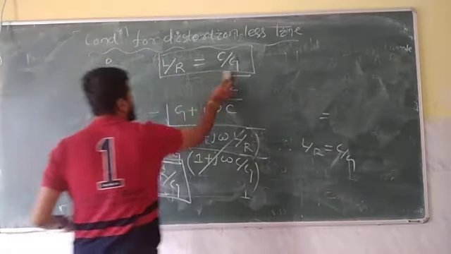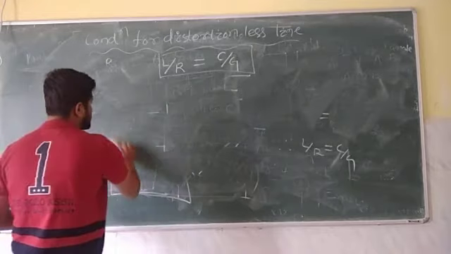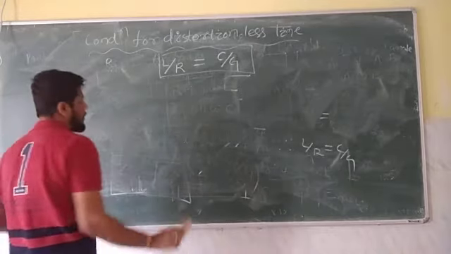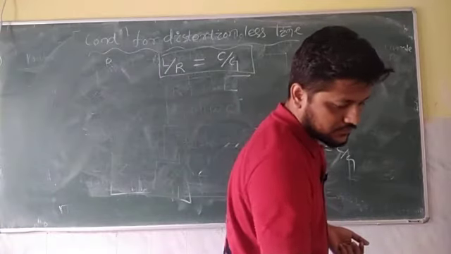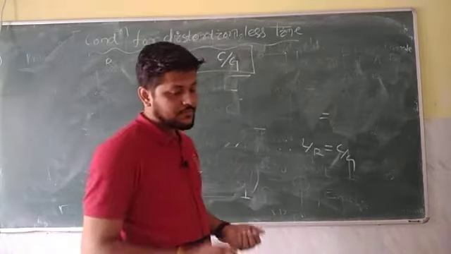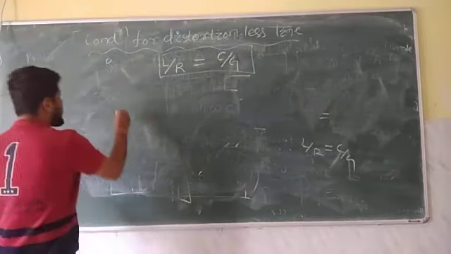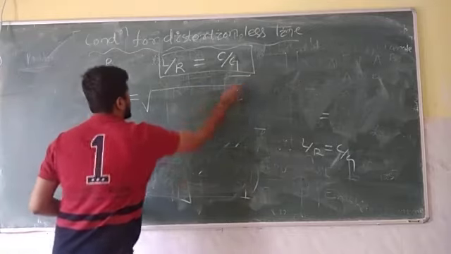And then we need to calculate the propagation constant gamma. So propagation constant gamma is equal to what we have known. What is the formula?